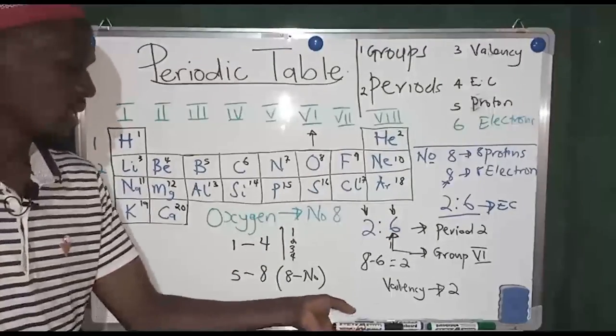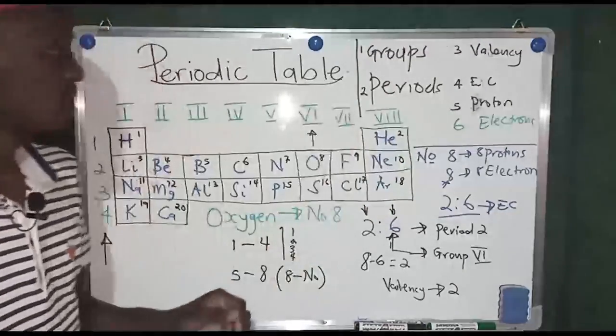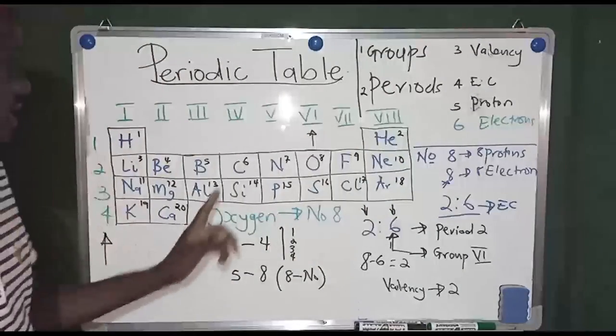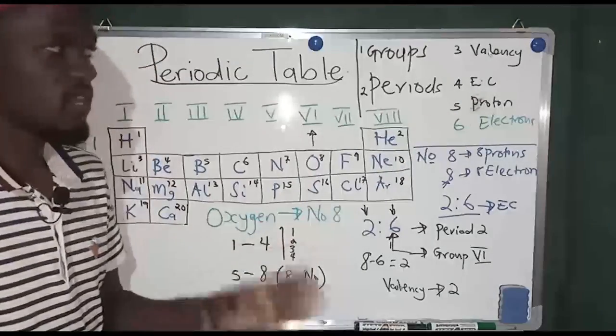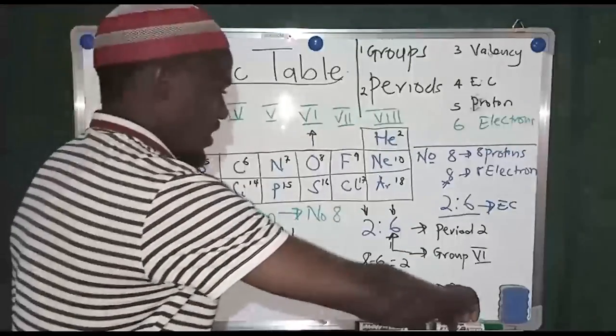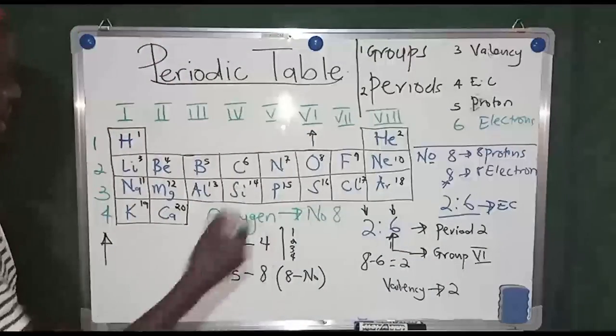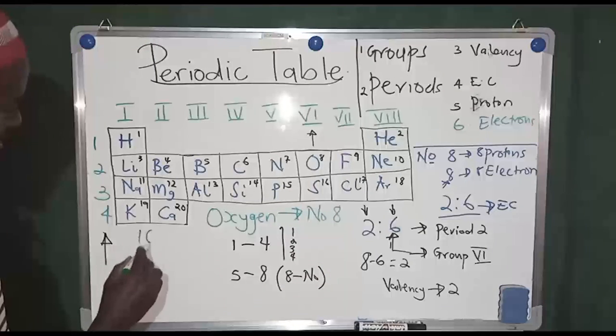So that's how you do it in all other elements to find these 5 things: you know the number, and if you know the number, you write the configuration, and if you write the configuration, you know all these things. If I say, for example, what is the configuration of sulfur? It is 16.